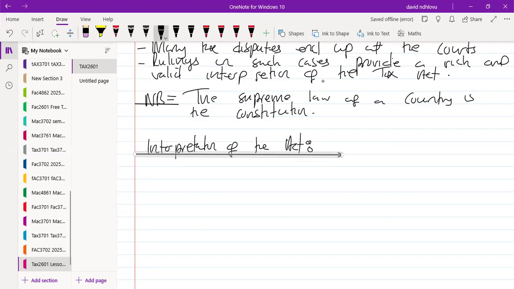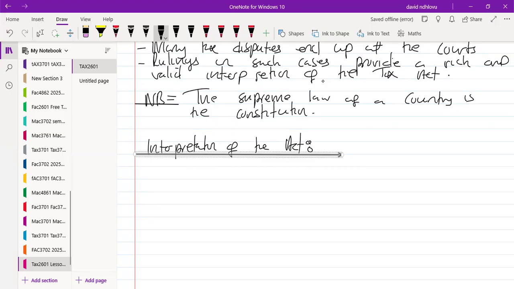It's difficult because of the language that is used, text language, and also something akin to legal language. So the Act must be interpreted. The one that needs to interpret the text is SARS so that they can administer it, but also the taxpayer so that they can adhere to it and also dispute if their rights according to the Act are being trampled upon.